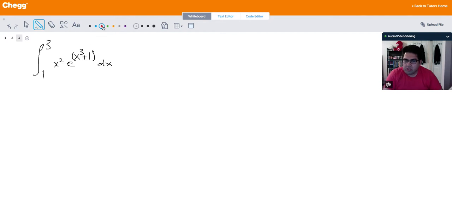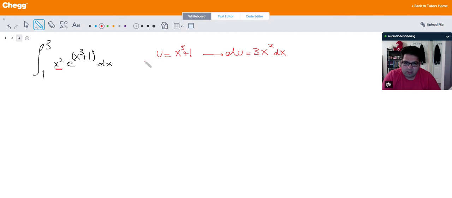So if I choose u as x cubed plus 1, I see the derivative of this, not the whole derivative, just a portion of it, which is x squared right here. So if I choose u equal x cubed plus 1, then du is going to be 3x squared dx.